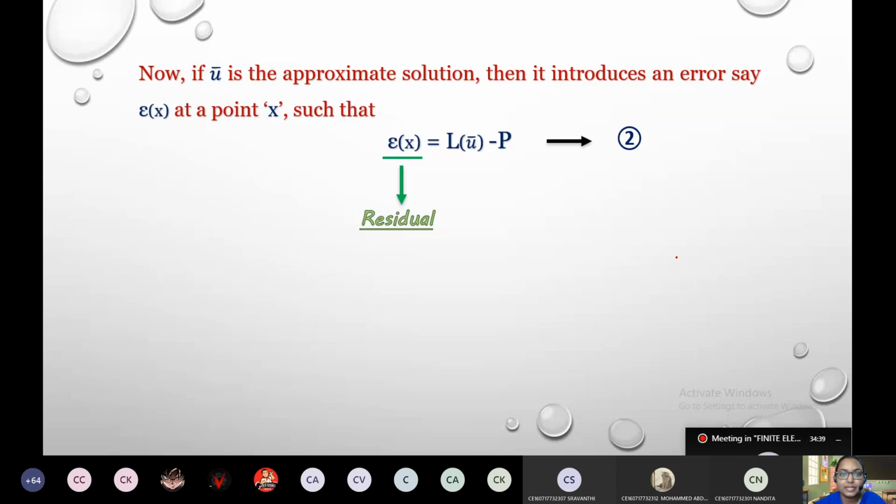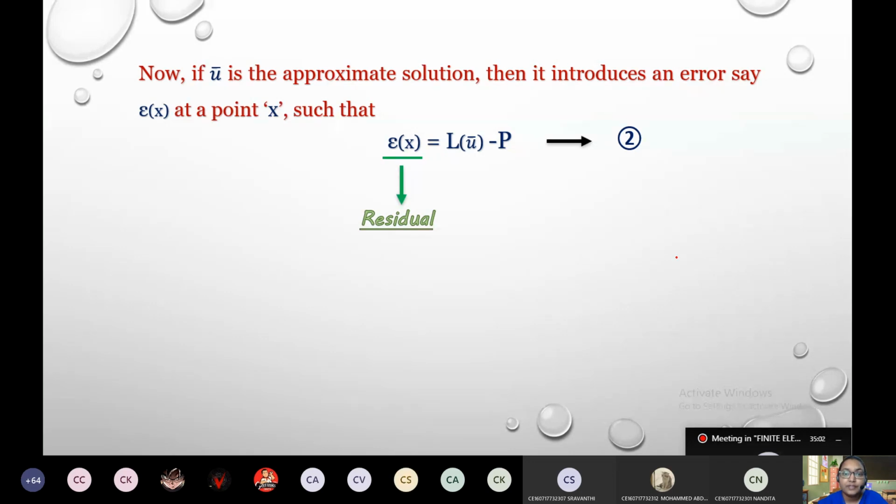Let us take this residual as equation number 2. Now we have an error and an approximate solution for the concerned governing equation.